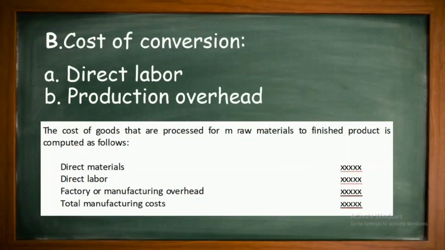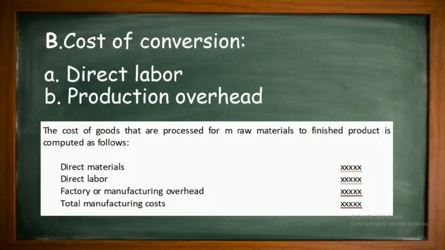Next is cost of conversion. This applies to manufacturing businesses, which themselves make the product they sell to customers. A is direct labor. These are the wages or compensation of workers who directly make the product. B, production overhead. These are production costs related to making the product that are neither direct labor nor direct materials.